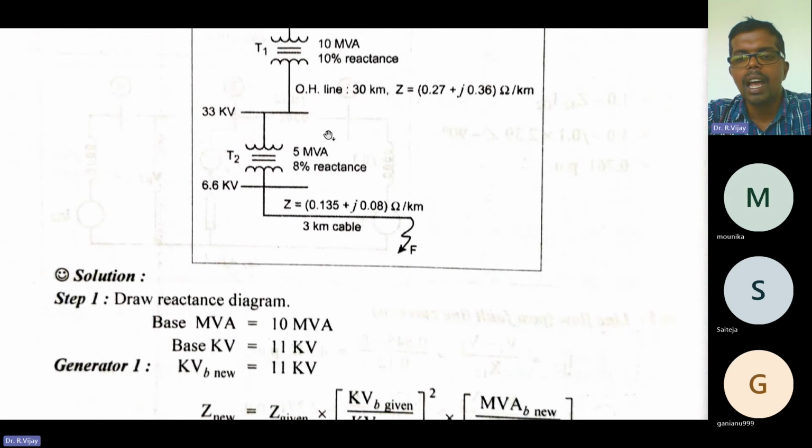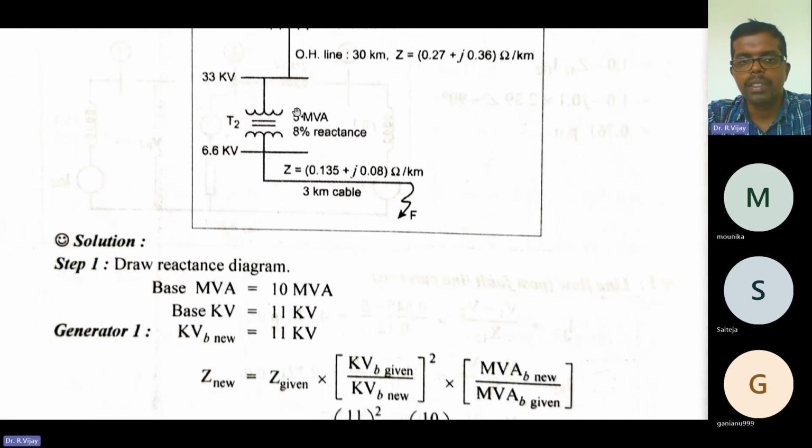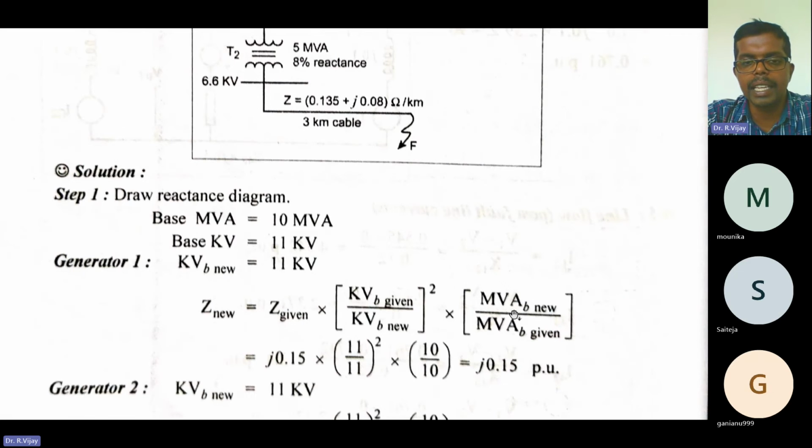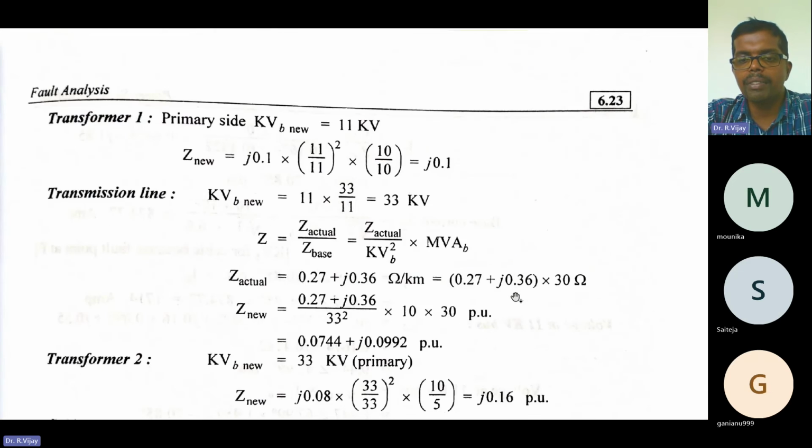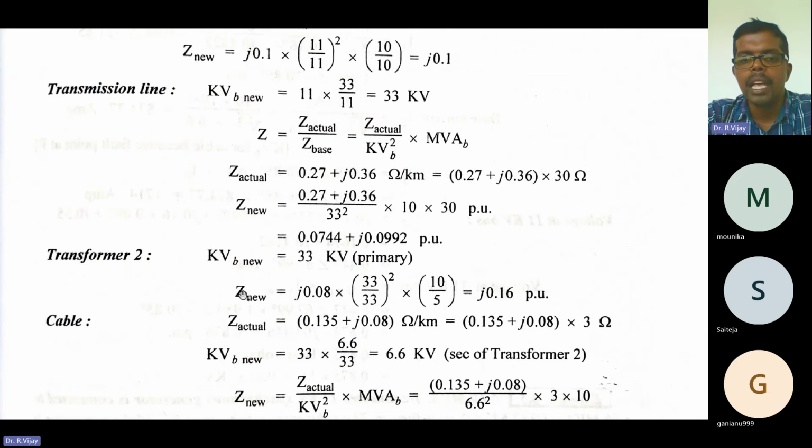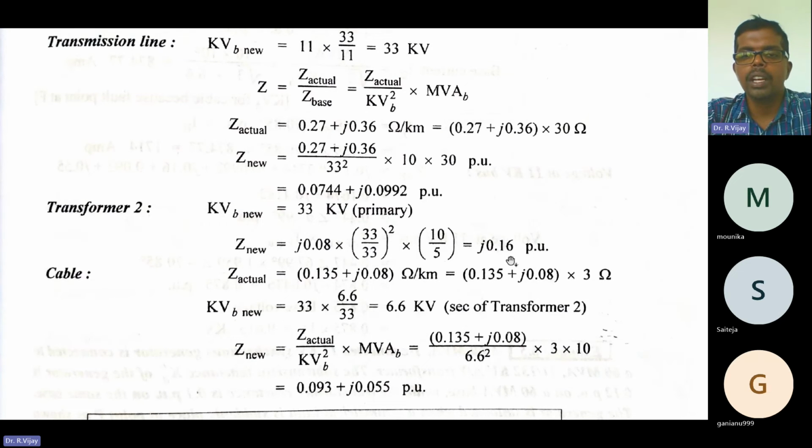That is the old value, whatever is given in the problem. The new value is whatever we considered previously as the base MVA, 10 MVA. So 10 divided by 5; simplify with the scientific calculator. This and this get cancelled, so this becomes 2, and 2 into j into 0.08 is j 0.16 per unit. That's all, so for transformer 2 you get the answer.